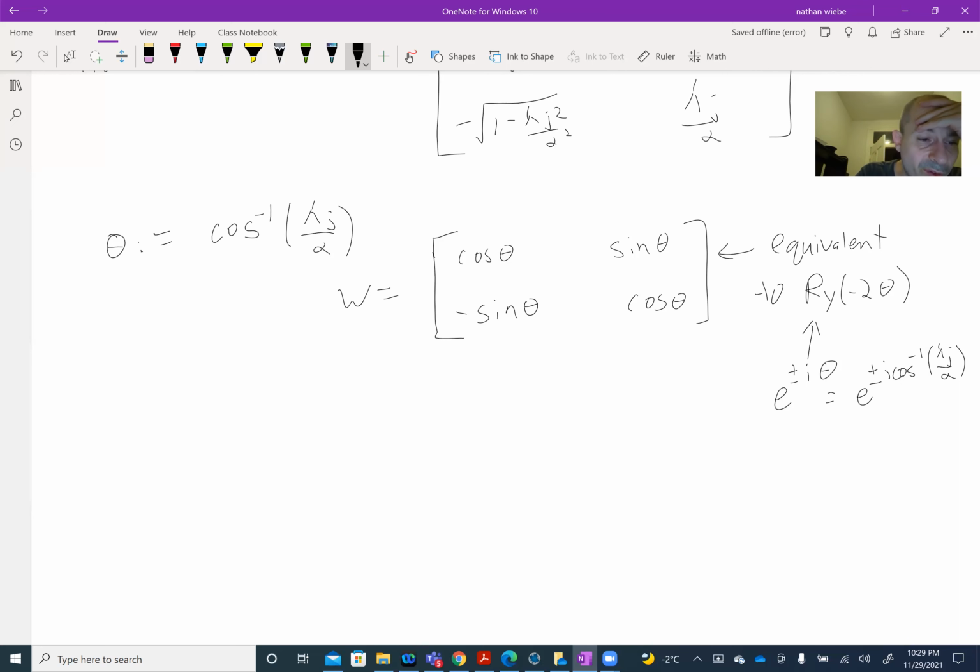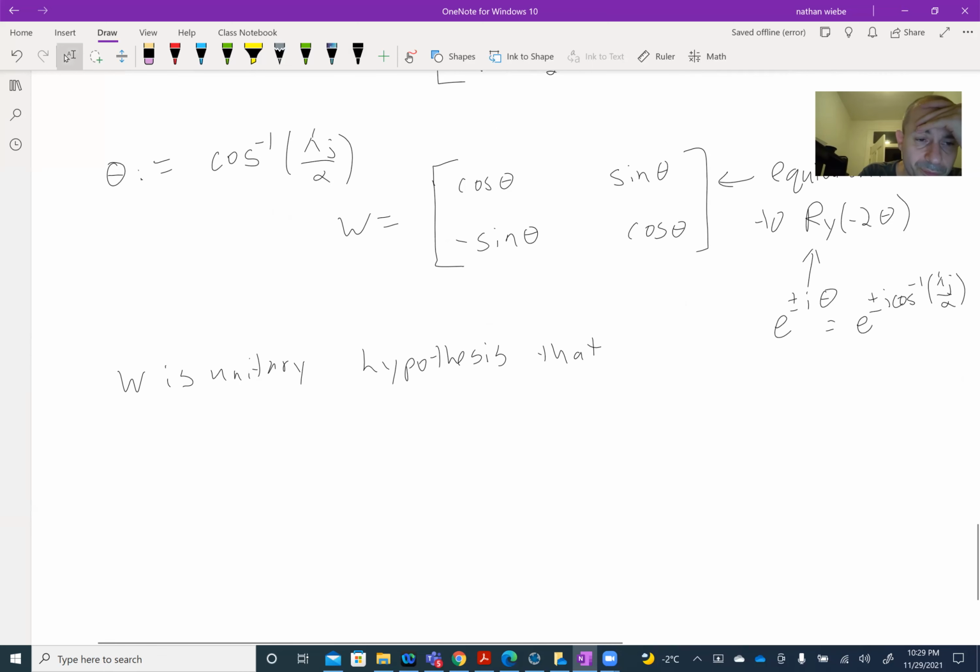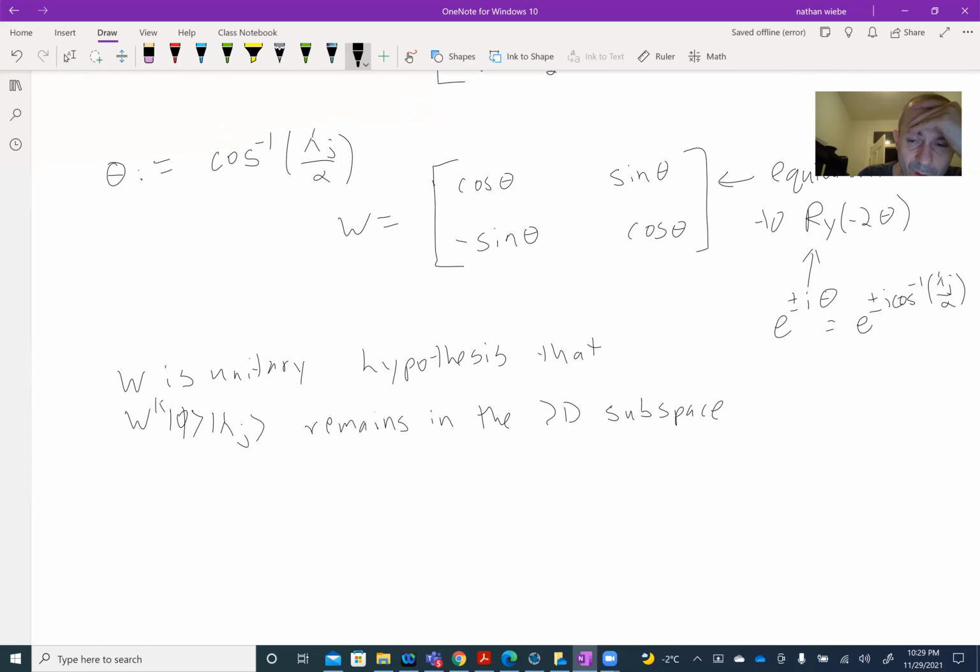And further, because W is unitary, we end up seeing that the hypothesis that we assumed, that W to the K acting on phi lambda j remains in the 2D subspace spanned by phi lambda j and phi j perp, for all K. So this ends up justifying the fact that for every such vector, we actually don't need to fully diagonalize the matrix.